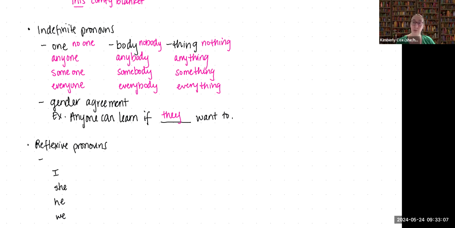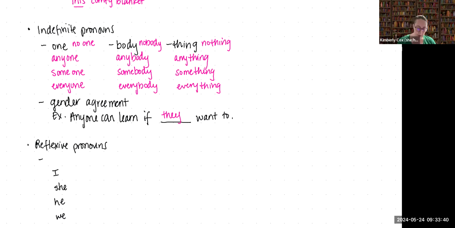It's just much simpler to say they, which is why we tend to do it in speech. When we're dealing with indefinite pronouns, oftentimes we use the singular they pronoun, which is part of why it's become so prominent in terms of talking about gender neutrality, because it was something we were doing with language anyways. So if we say everyone can learn if they want to, if they put their minds to it. So useful, I think, to be aware of.